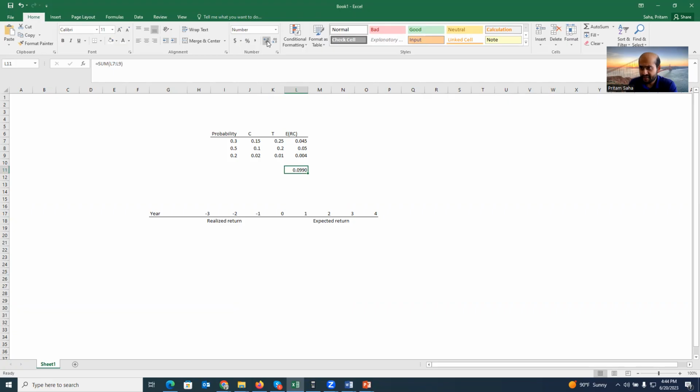So my recommendation, when you're doing the raw calculation, always do in terms of decimal values, not percentage. This is percentage value. Don't do percentage, do decimal, okay? But when you are giving me the final results, either do 4 decimal here or do percentage, 9.90 percentage.